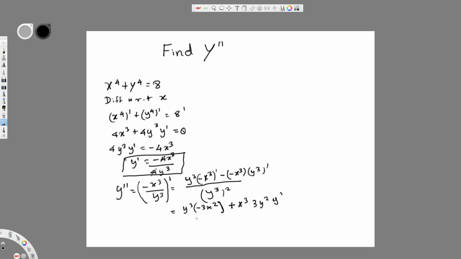That's the chain rule of this, and the bottom is going to be y to the power of 6.